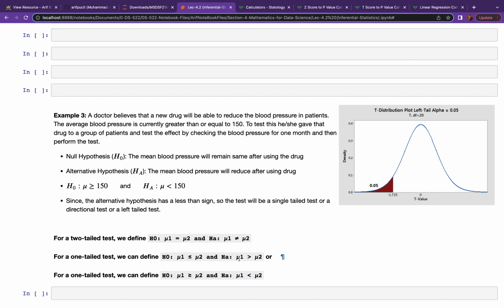Moreover, if the alternative hypothesis has a not equal to sign, the researcher will perform a two-tailed test. If the alternative hypothesis has a greater than sign, the researcher will perform a right-tailed test. And finally, for a less than sign, a left-tailed test will be performed. Okay, so far so good.